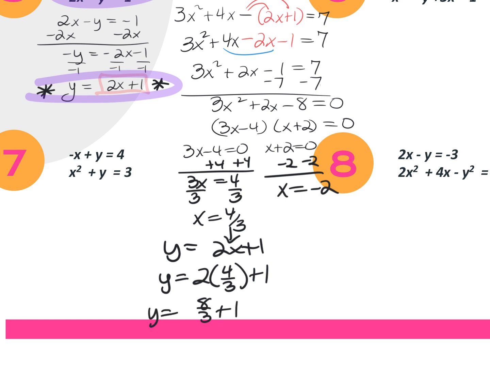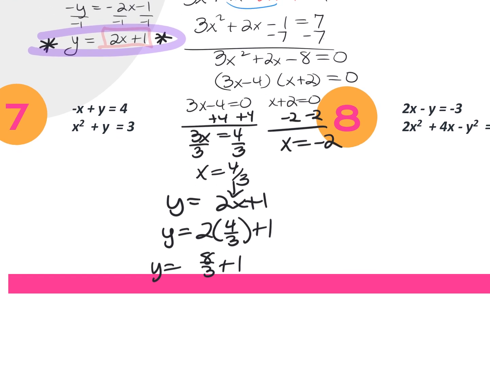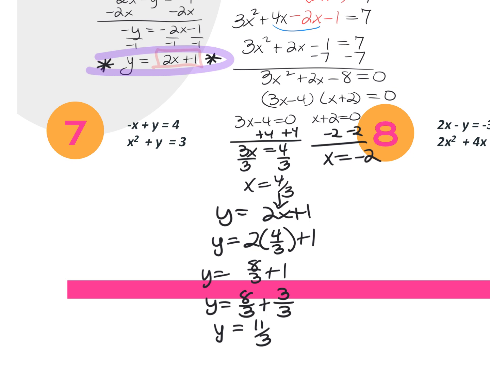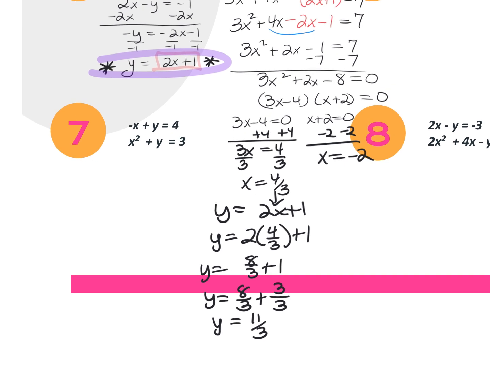WebAssign wants fractions, not decimals. So when you get any fraction answers, they want the fractions. I'm going to change my whole number 1 into 3/3. So my y value is going to become 11/3. So my first solution is the ordered pair 4/3 and 11/3.